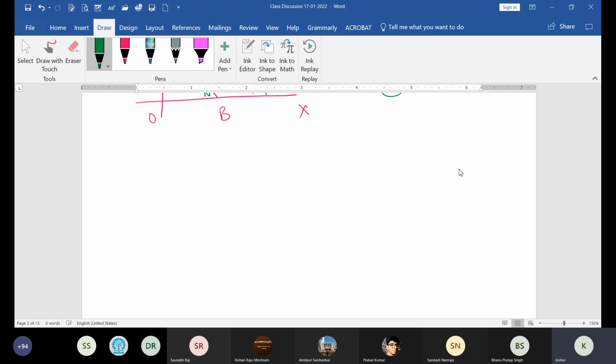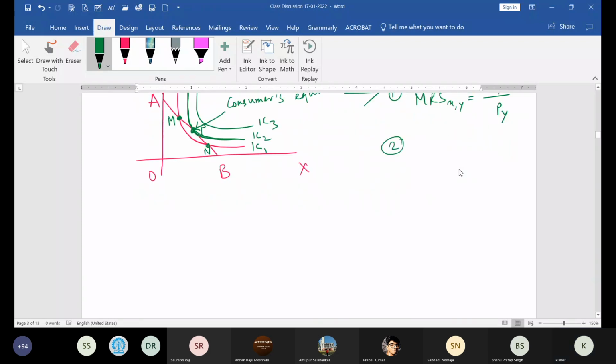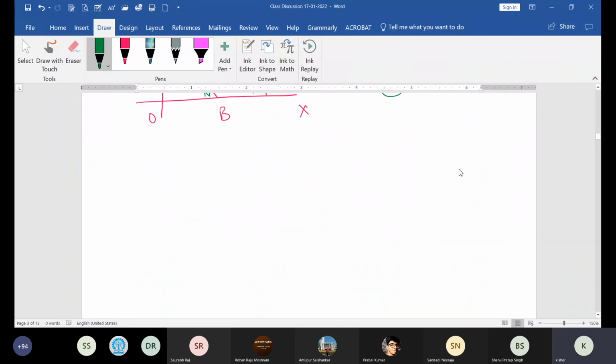Suppose think about a situation for normal goods. Most of the cases by default we assume that, okay, another two terminologies are coming into the picture. I use the word normal good. In economics, for the time being, later on again I will discuss it a little bit more.